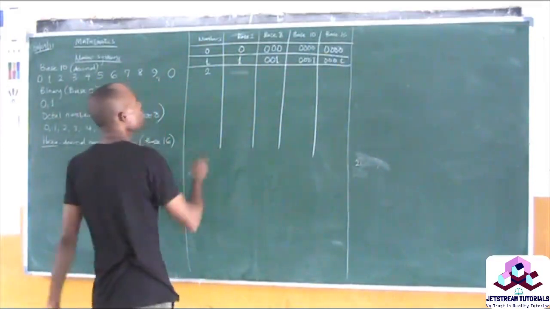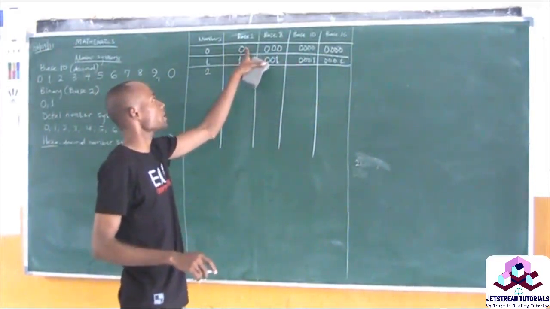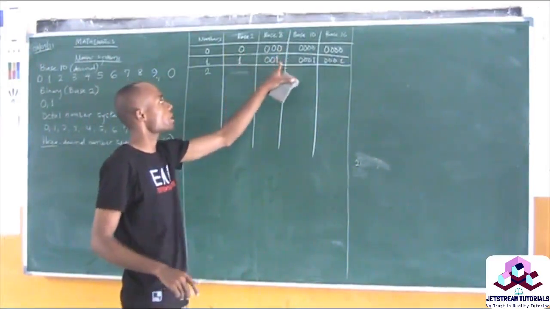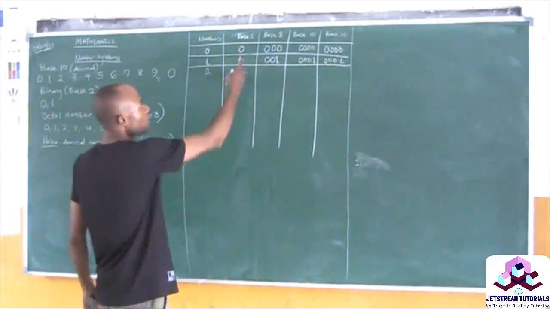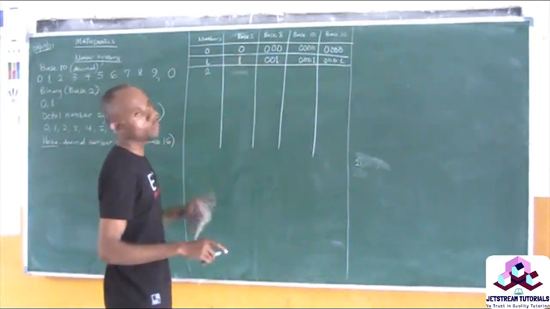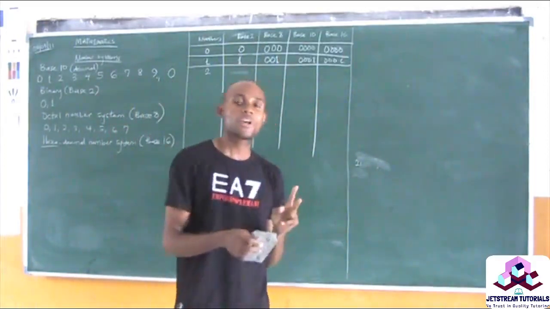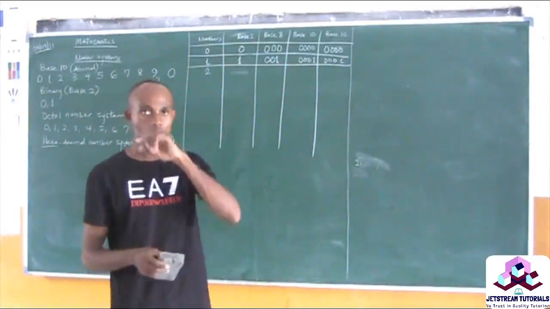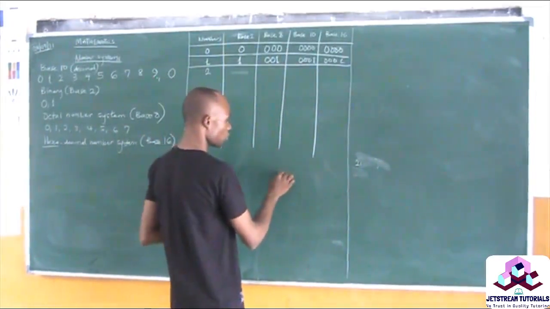When you observe, you add 1 to 0, you have 1. When it is base 2, you add 1 to 1. Generally, it's supposed to be 2, but you cannot have 2 in base 2. That means in base 2 it's supposed to be 0, 1.